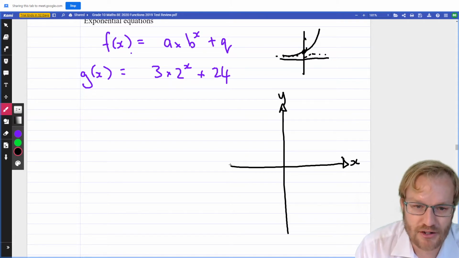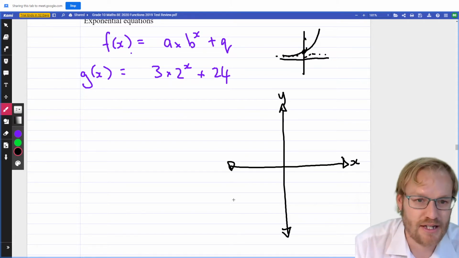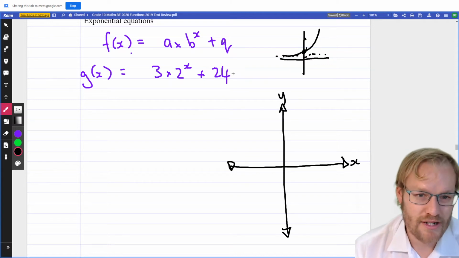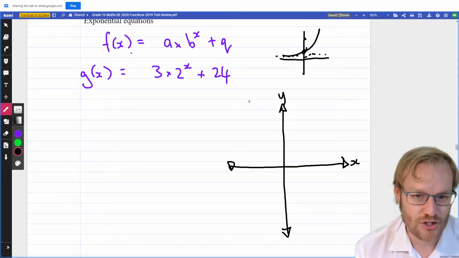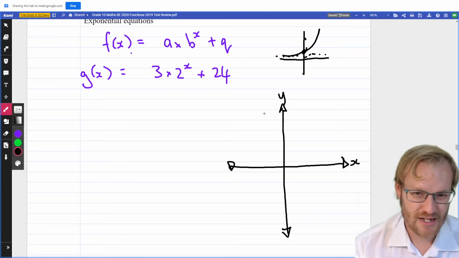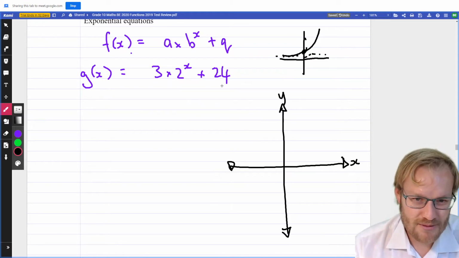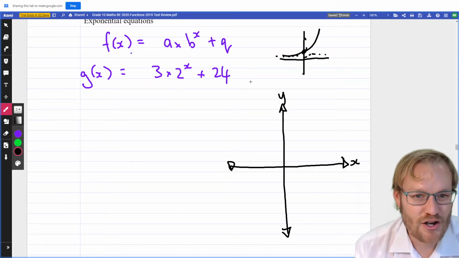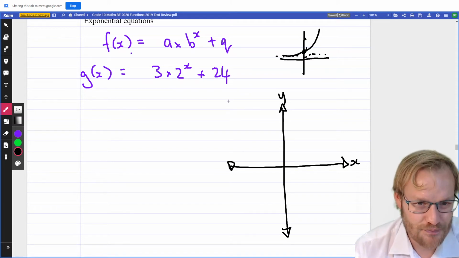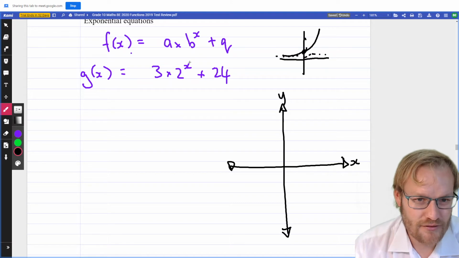So let's look at our Cartesian plane, our x and y axes, and see what we know. The 24 is moving our asymptote up. And the sooner we can think about our asymptote, I think the better. What the asymptote is saying is that the function is going to get closer and closer to that value. So take 2 to the power of x.